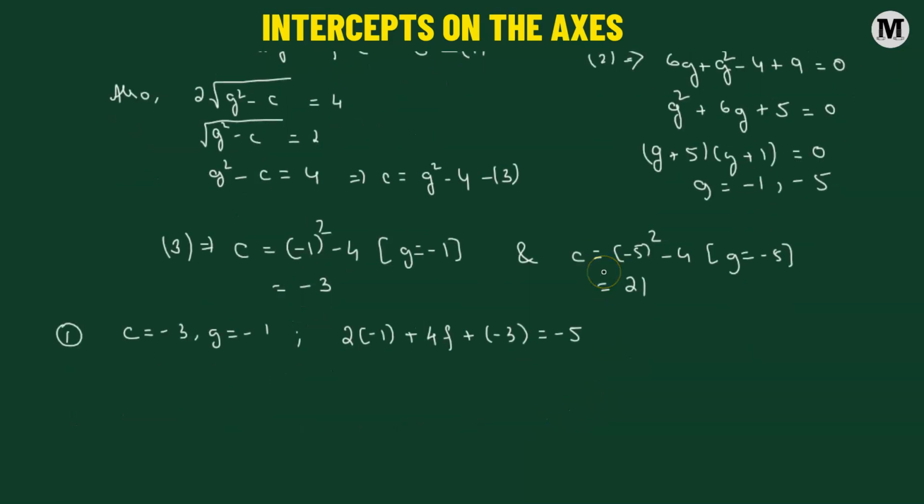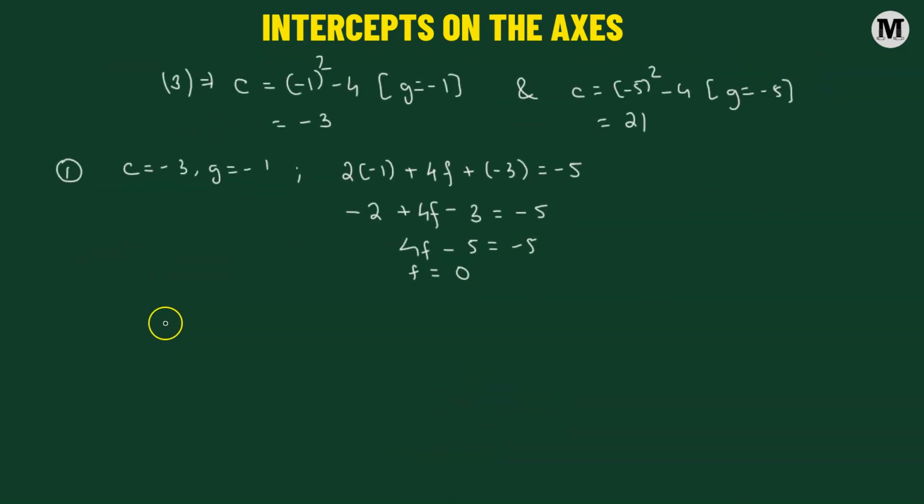Let's solve to get the value of f. We have -2 plus 4f minus 3 equals -5. So we have 4f minus 5 equals -5, which gives us f value equals 0. So we have g equals -1, f equals 0, and c value equals -3.